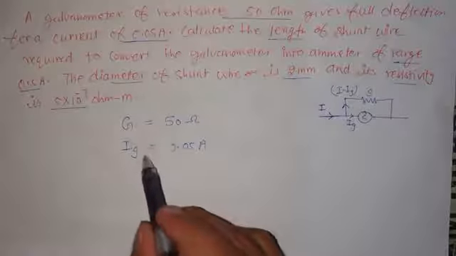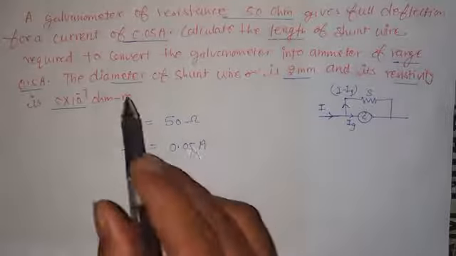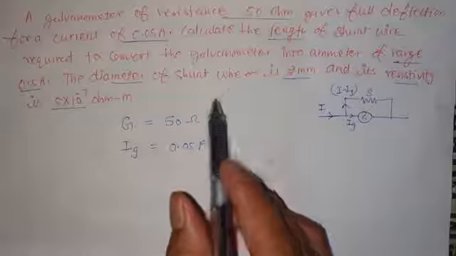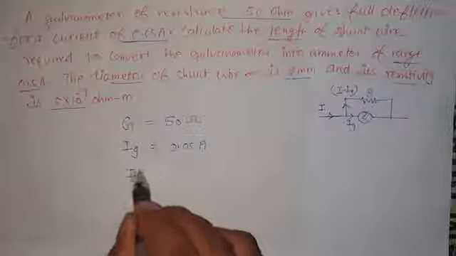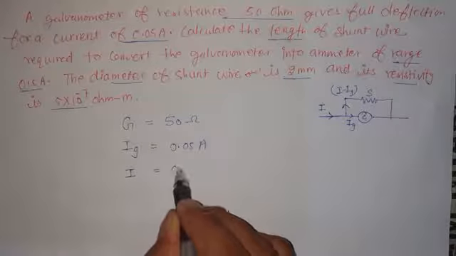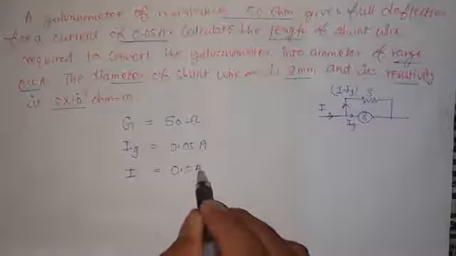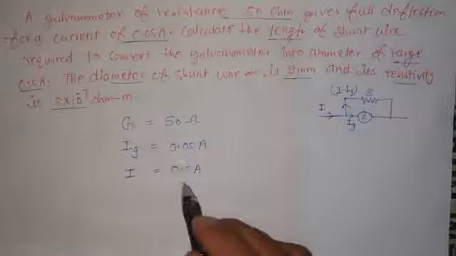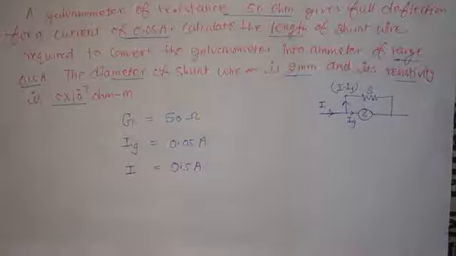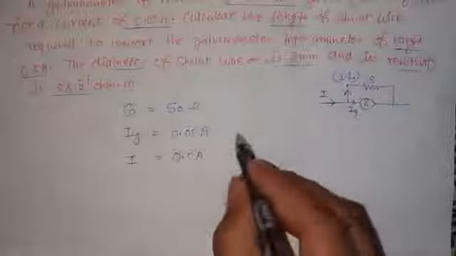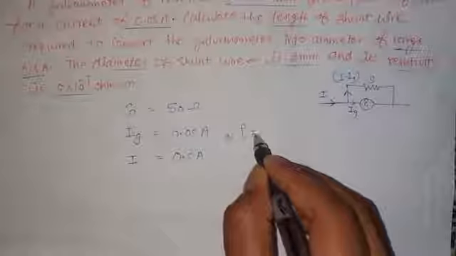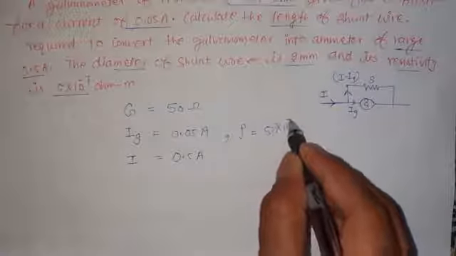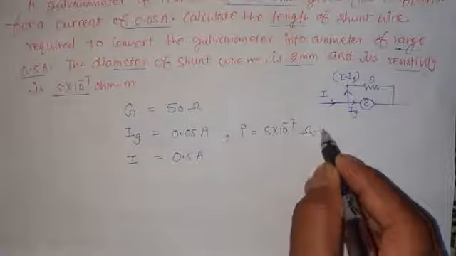So we are given Ig over here. Now the next one is the range of that current, which is given to us as 0.5 ampere. So this ammeter is to be made of this range, therefore it is denoted by I. And the resistivity is given to us over here, which is 5 into 10 to the power minus 7 ohm meter.